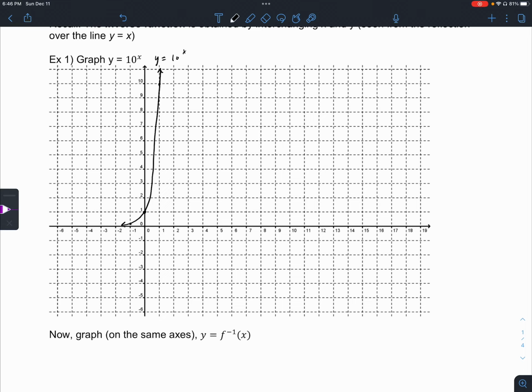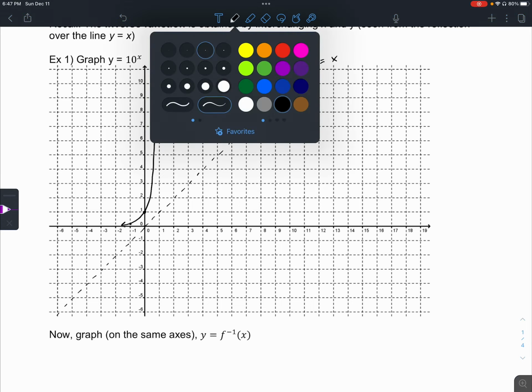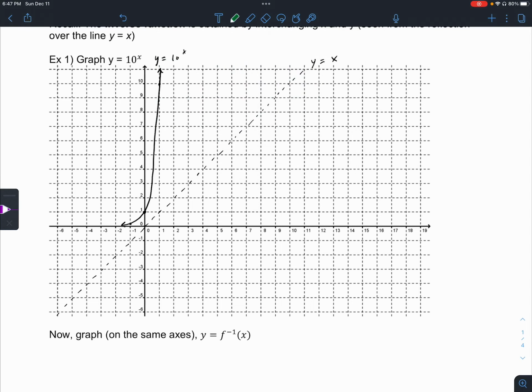Now let's also sketch the diagonal, y is equal to x. And now for the inverse, we're going to reflect along the diagonal.